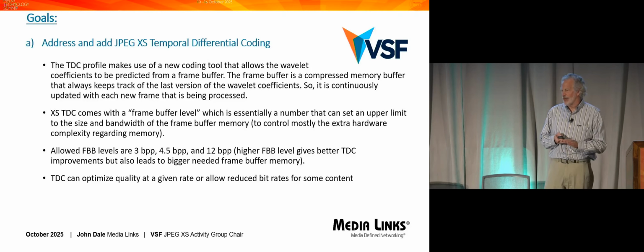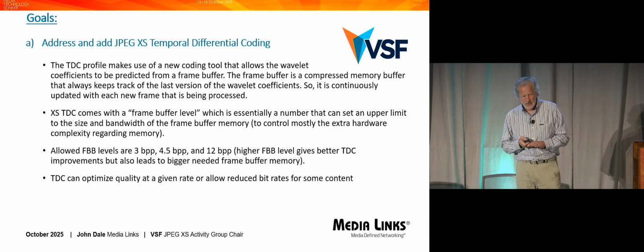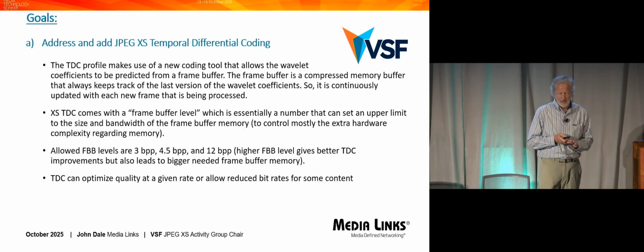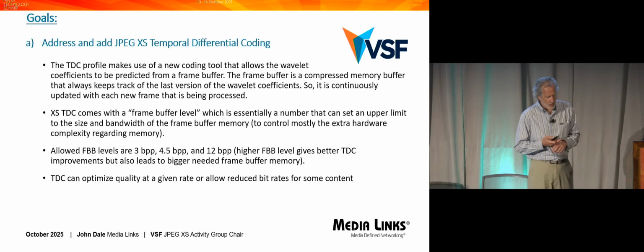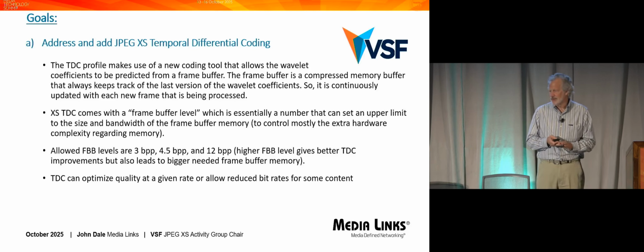It works very well with graphics, with static imagery and graphics, not so well with natural moving content. But it does have a use case, and especially since TR-08 is focused for IPMX applications, TDC has a role there, and that's why we're adding it to TR-08 and TR-07.